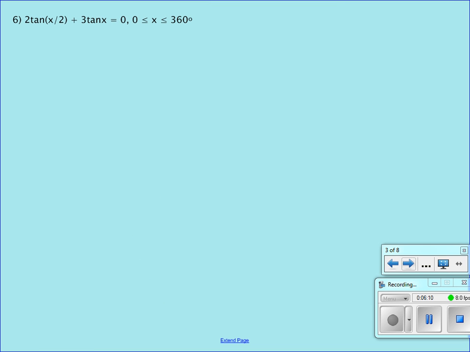Now if I look at this problem here, again, it's the same scenario. You can start seeing that this is a mixture of double angles, isn't it? Here I've got an x and here I've got half of that, theta there.